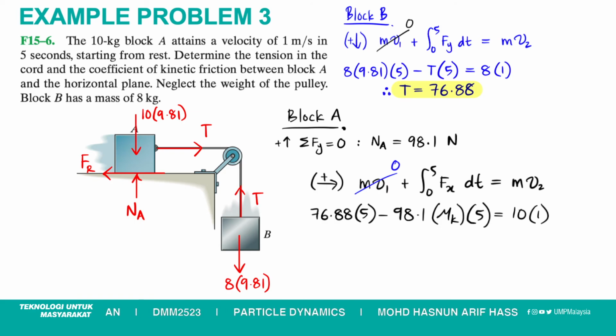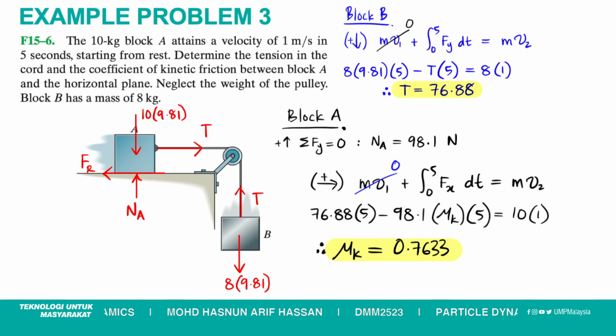To make it a friction, we have to multiply by mu k. This is the one that we want to find. What is the value of mu k? Multiplied by 5 seconds to make it the impulse, equals m, 10 kg for block A, times 1, the velocity. So solving this equation, we finally get mu k equals 0.7633. All right.